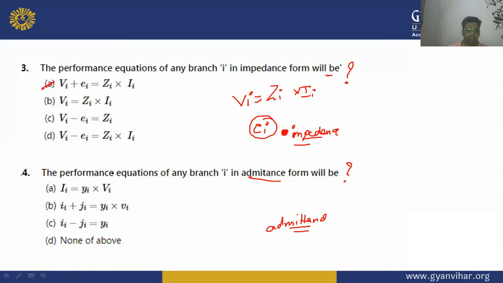It will be your B option. That is your current Ii plus Ji equal to Yi into Vi. Okay, it is quite opposite to this one. Okay, we can have a different form of this.